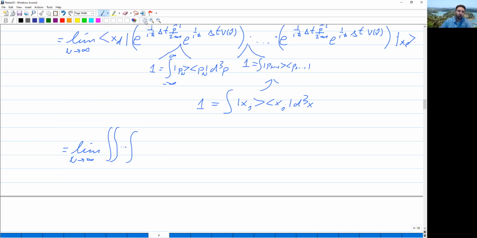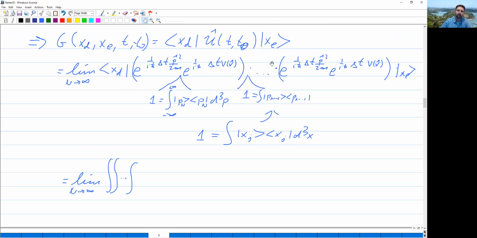And all of those operator valued things become number valued things. So what we obtain here is contributions from these.